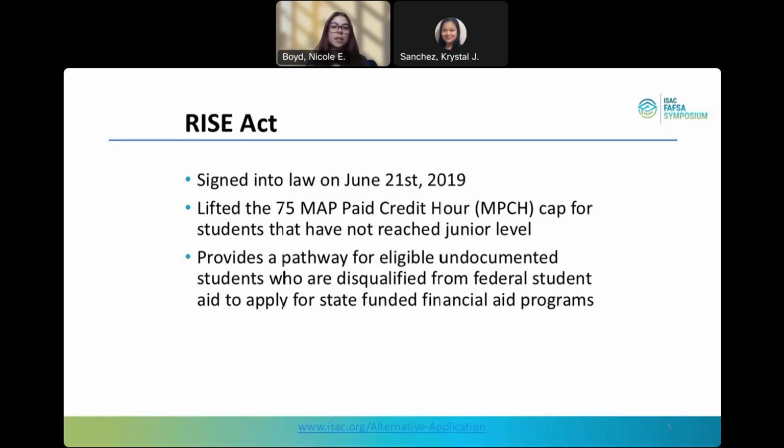So if, for example, a student had, let's say they switched their major or they had to repeat a class, this benefited all Illinois students in those situations. But more importantly, for our purposes here today, it also provided a pathway for eligible undocumented students who are disqualified from receiving federal student aid to apply for state-funded financial aid programs in Illinois.